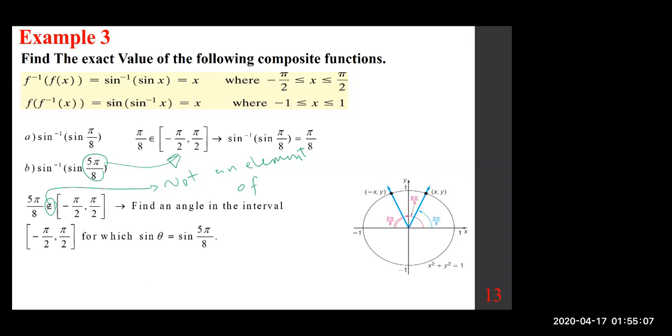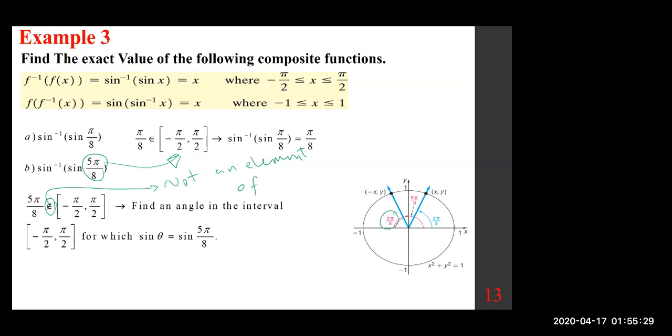Sine is positive in the first and the second quadrant because sine corresponds to the y coordinate. Everybody remembers that, right? And so sine of 5 pi over 8 is the same as sine of 3 pi over 8. I want you to see that the reference arc is 3 pi over 8, everybody.